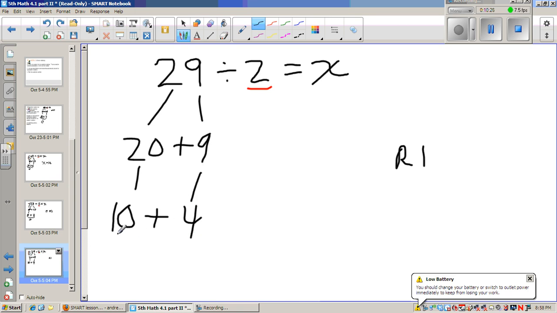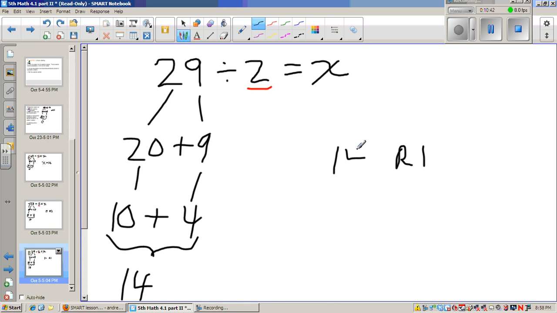So 10 plus 4 is 14. We had our remainder 1 over here, so our answer is 14 remainder 1. All right, so that's the friendly parts division strategy.